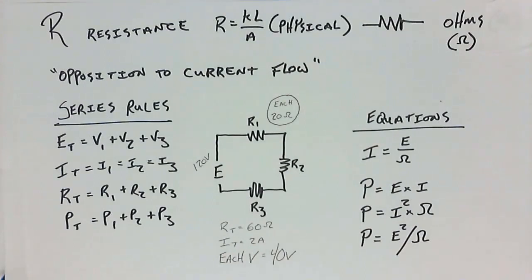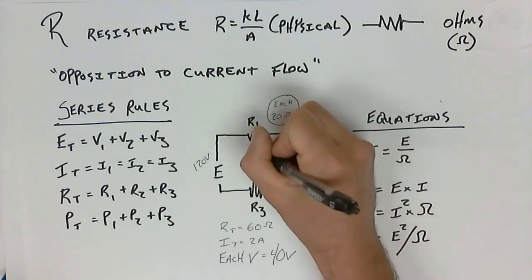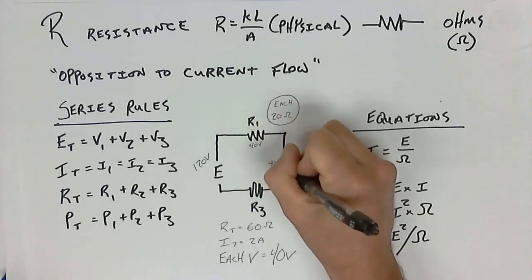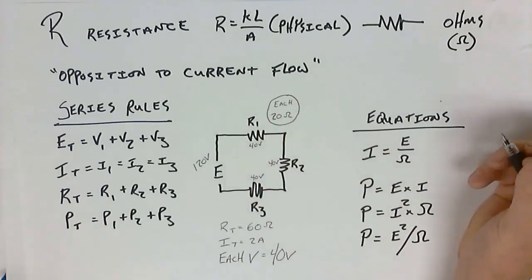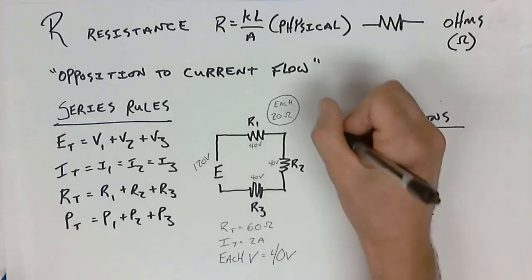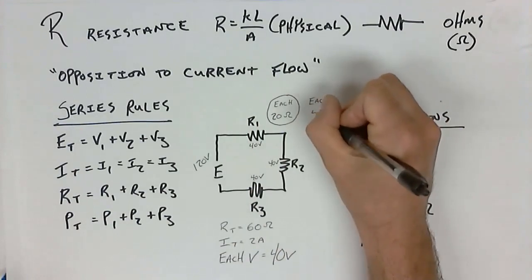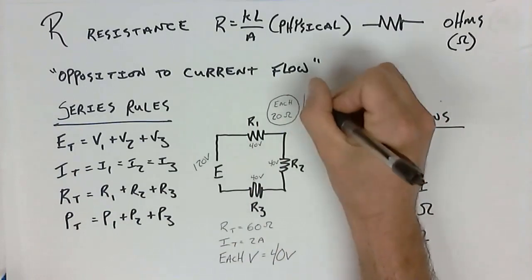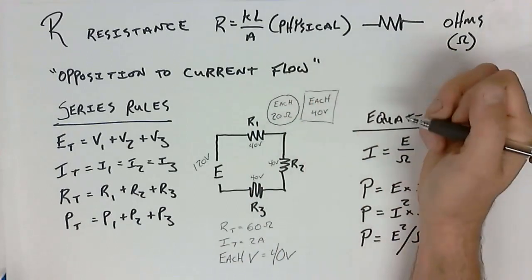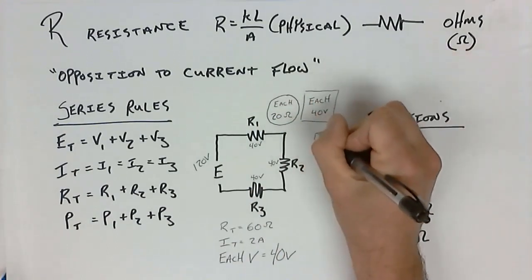The power that each one would be consuming, we could take 40 times 2, and that would give me 80 watts. So each of the resistors will have 40 volts across it, and each of them will be consuming 80 watts. I'm going to put all this info up: each 40 volts, and each 80 watts.